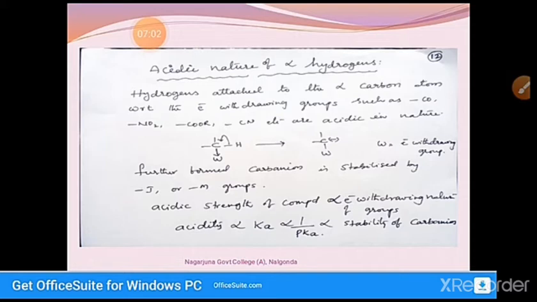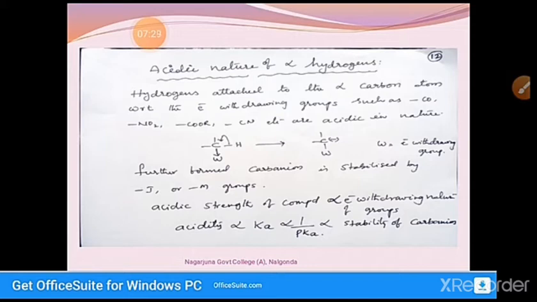Generally, these formed carbanions are stabilized by groups with minus inductive or negative mesomeric effect. The acidic nature of a compound is measured in terms of Ka values and pKa values. The higher the Ka value, the more acidic in nature. Acidity is inversely proportional to pKa values. The negative logarithm of the Ka value is called pKa.